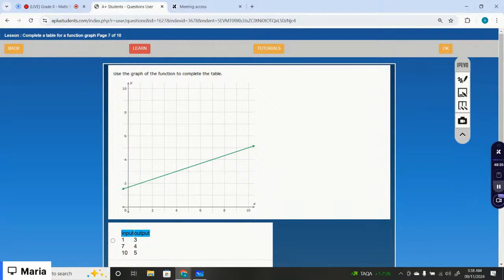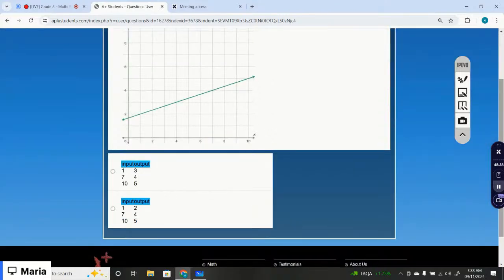Use the graph of the function to complete the table. So which is the correct option? You have to see at x equals 1. So which is the correct option?